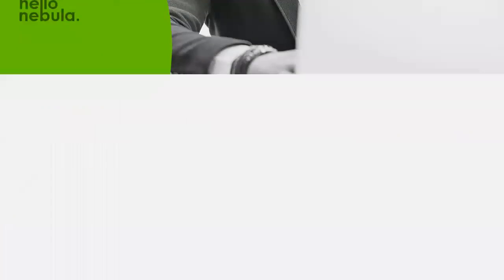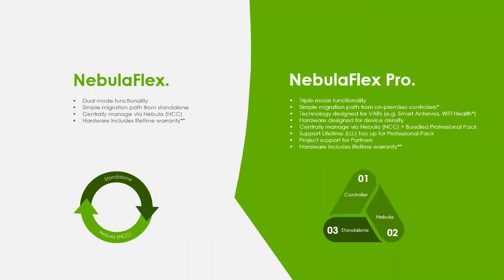We also have a full range of what we call Nebula Flex devices. So these are devices that can be used either with the Nebula Cloud or can be used in the traditional standalone way of doing your management. And on the AP side of things, we have both Nebula Flex and Nebula Flex Pro.